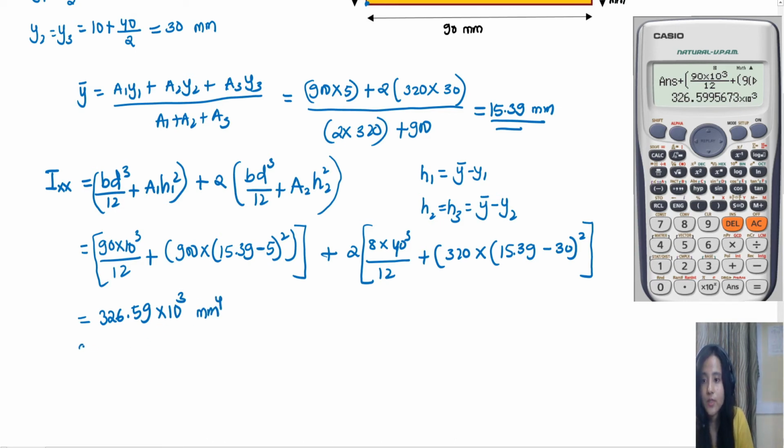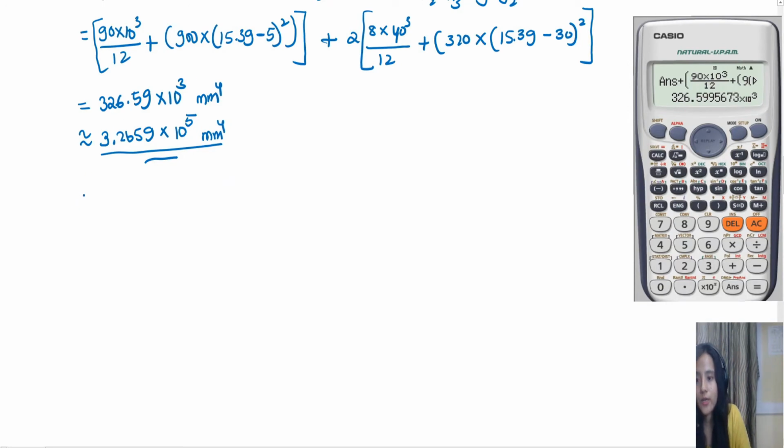If I move the decimal point, it will become 3.2659 into 10 raised to power 5 mm raised to power 4, since I went 2 decimal points ahead. So this is my Ixx.